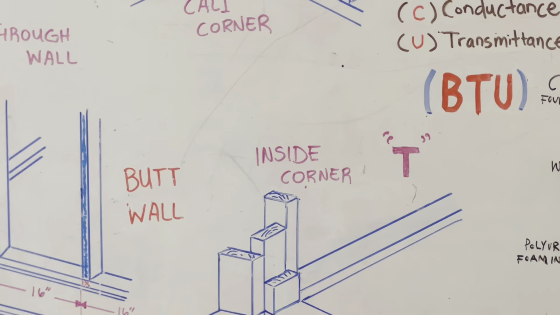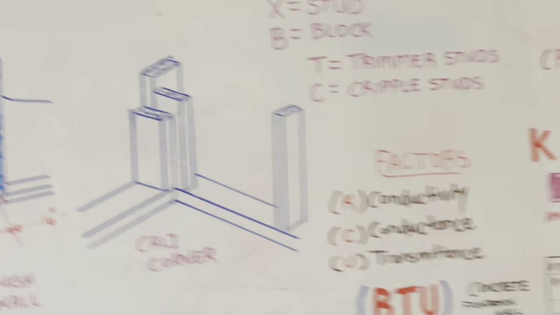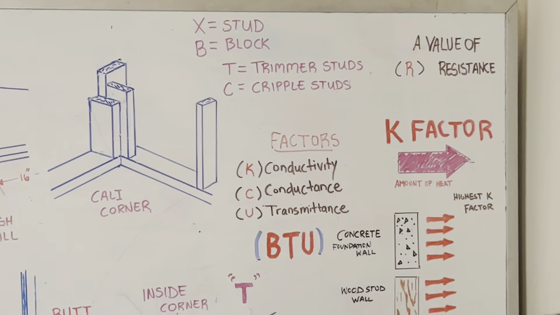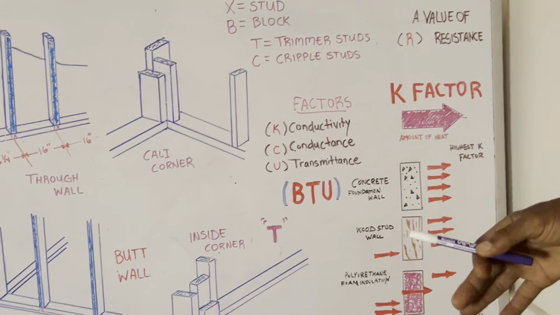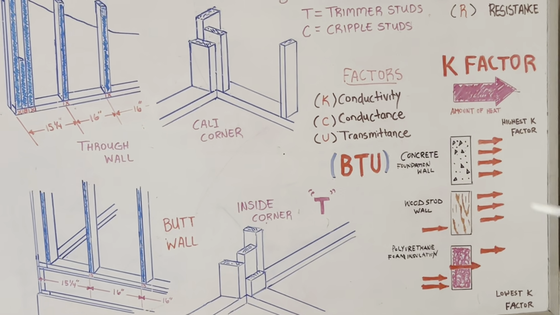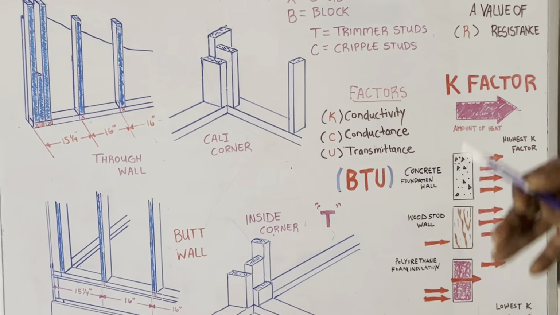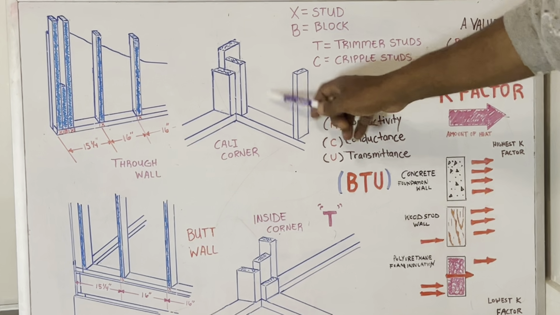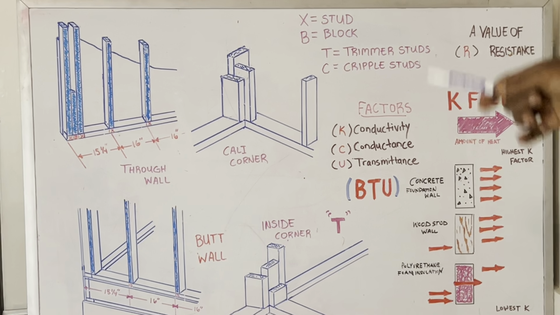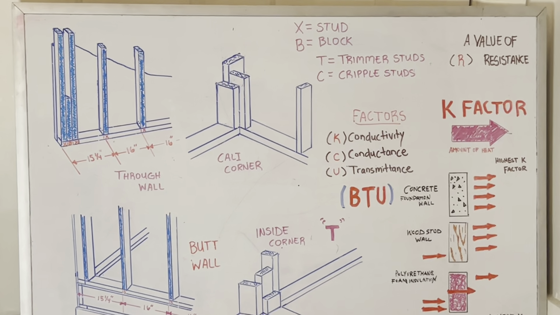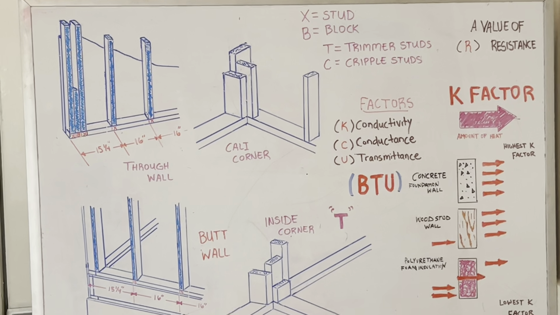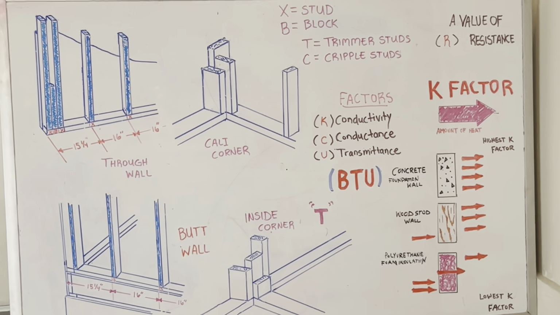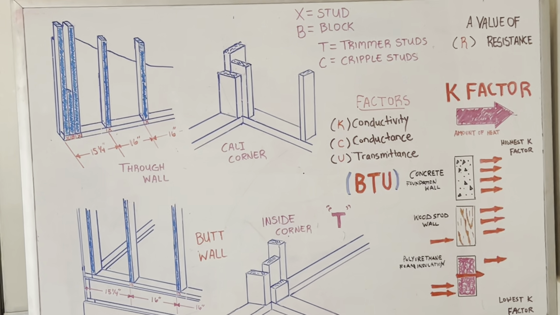Let's talk about R factors. That's another reason why the R factor, or R value. I said that wrong. Your R value, which is a value of resistance, is a reason why this Cali corner is beginning to be more favored than a 4 stud corner, because the homes these days need to be more energy efficient.